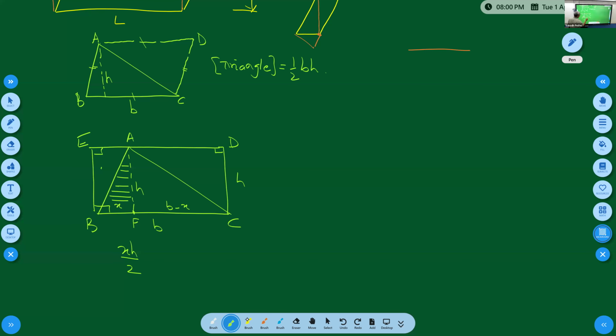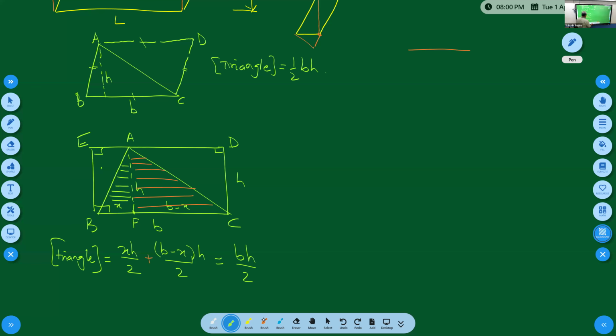And how much is this area? B minus X into H by 2 plus B minus X into H by 2 is required area of triangle, which after simplification we will get B into H by 2. So we are not touching parallelogram, we are doing it in rectangle.